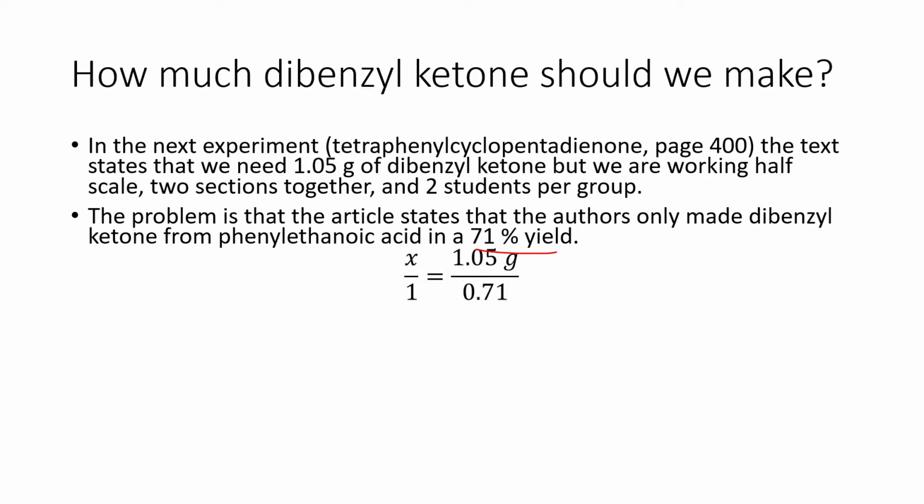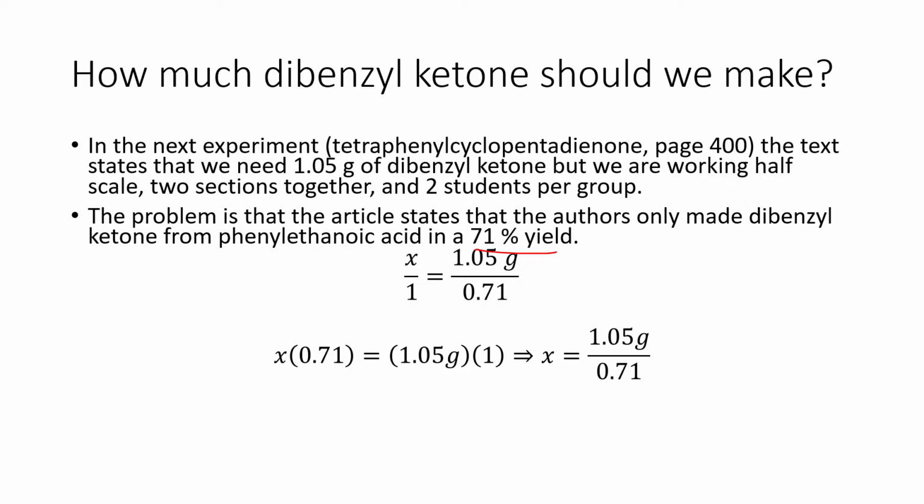The first thing we want to do is figure out what would be our 100%. We can easily do this by cross-multiplying. So if 71% is supposed to be 1.05 grams, what is 100%?